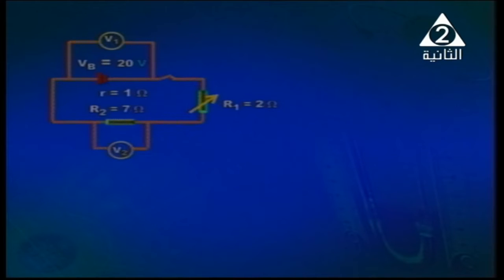We've got a variable resistance, with a chosen value of 2 ohm, and by the way, we'll change it later to 12 instead of 2. And we've got a resistance of 7 ohm. V2 measures the potential difference across R2. V1 measures the terminal voltage.